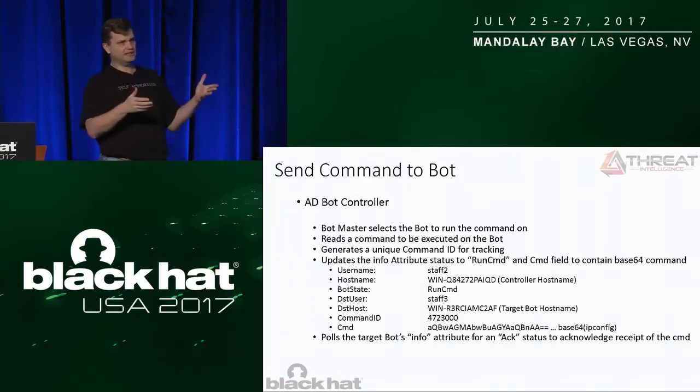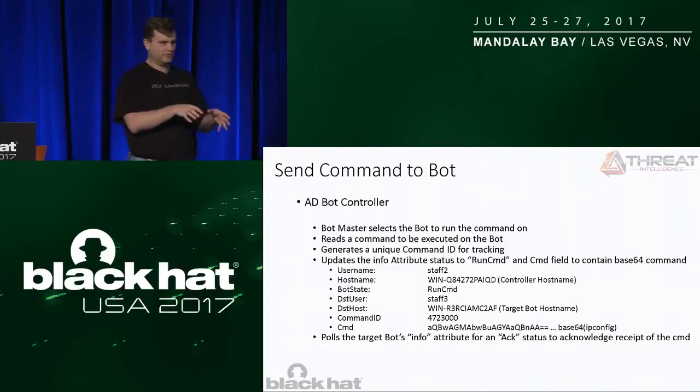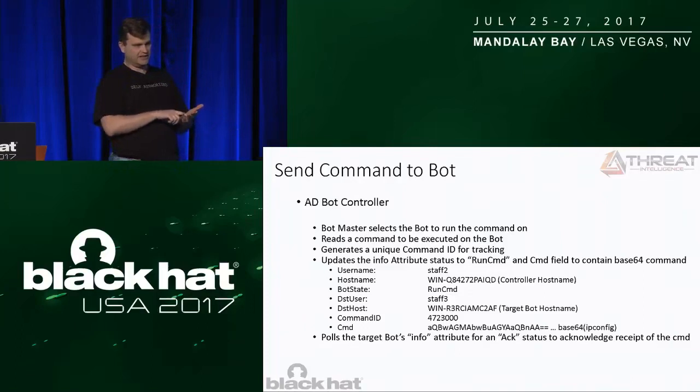Each node can only really write to its own properties, so it writes to its own command and control attribute, which is the info attribute, saying this is the destination host that I want to run the command on.